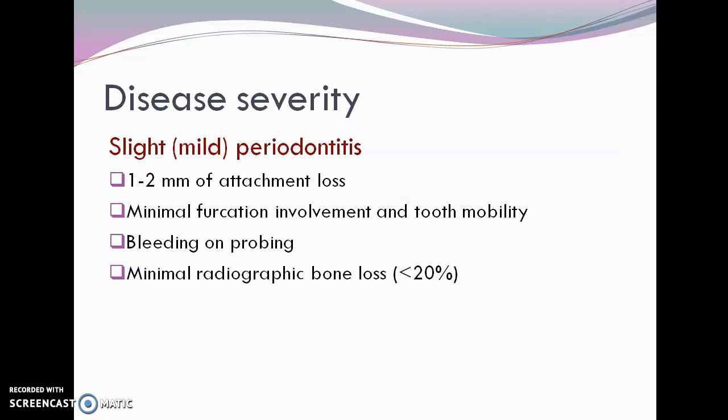Based upon severity, chronic periodontitis is again divided into three types: mild, moderate, and severe periodontitis.